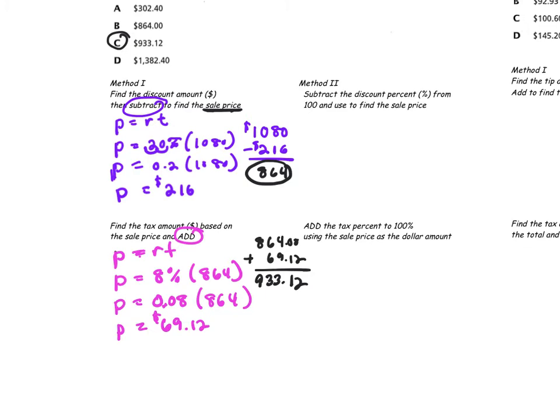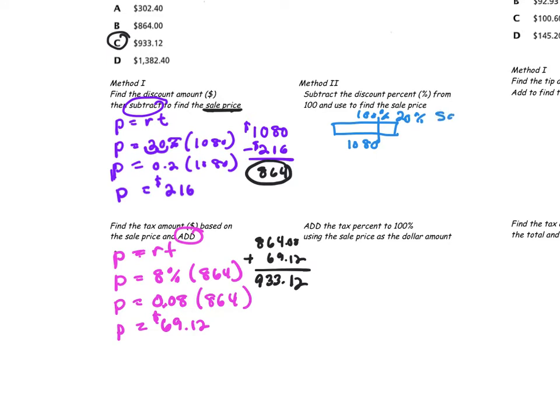And this would be based on using a tape diagram. It says subtract the discount percent from 100%. So if I started with a tape diagram and we said this was 100% and this was the original amount of 1,080, I would take off about 20%.